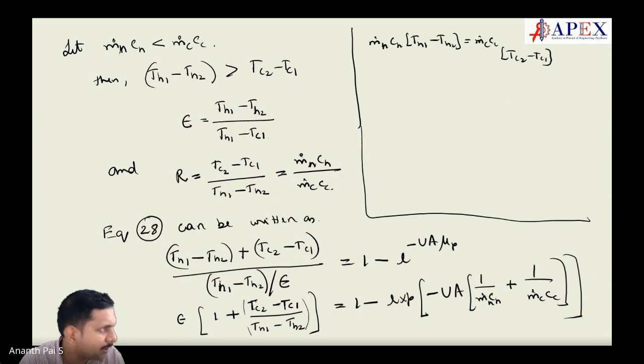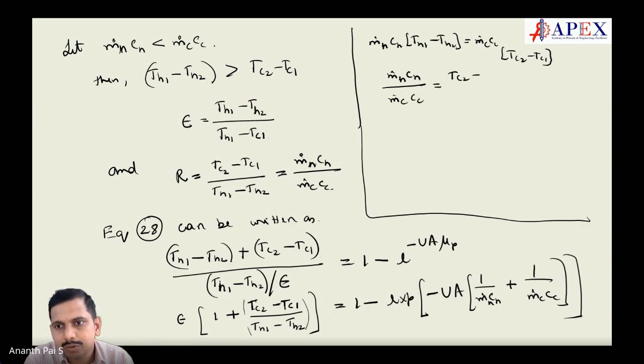Yes, because both are Q, the amount of heat transfer which is happening. Now I'll write m dot h Ch divided by m dot c Cc can be what? Tc2 minus Tc1 divided by Th1 minus Th2. Yes or no?